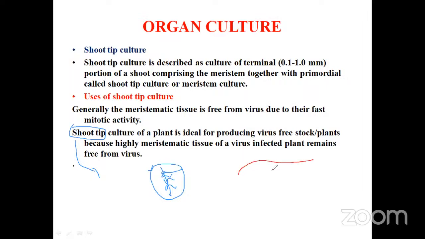This is the leaf, a leaf with sporangium, either micro or macro. By culturing this leaf, we can study sporangium development. So these are all the importance of leaf culture.